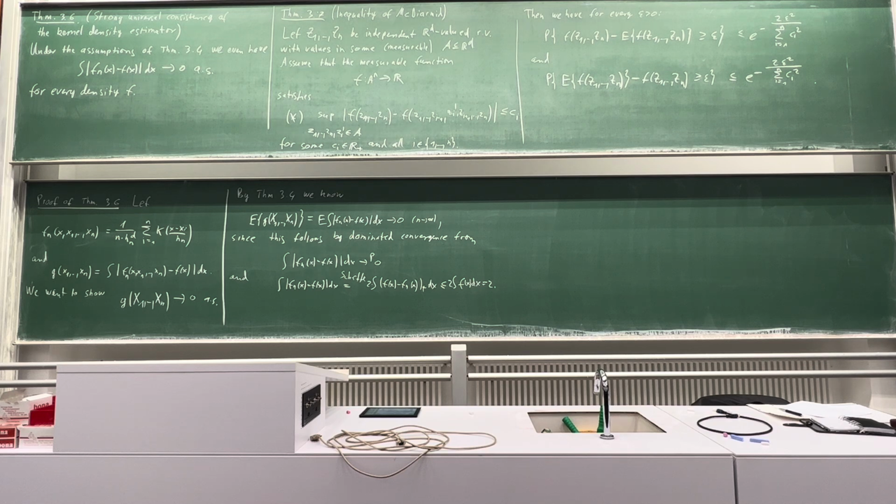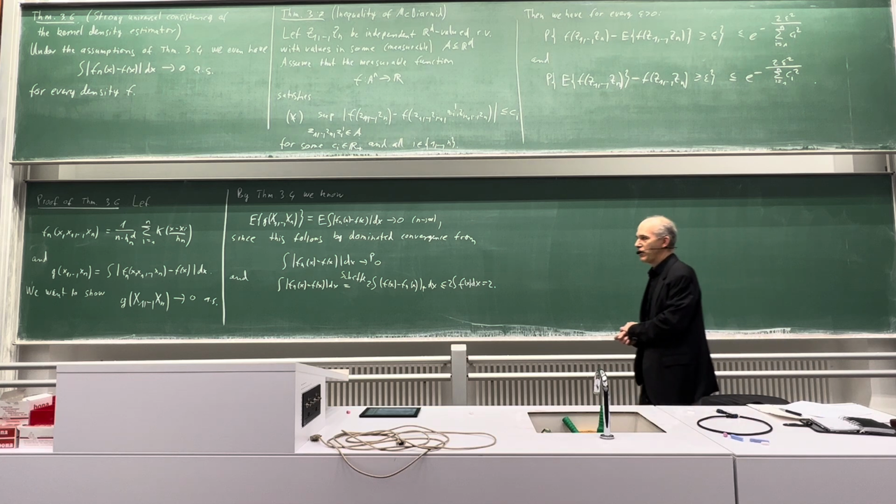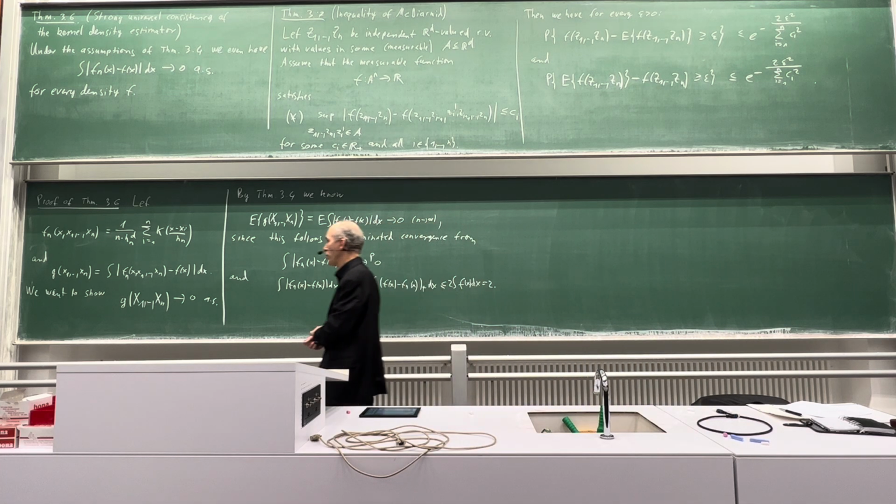And because of this, it suffices to show that g of x1 to xn minus its expectation goes to 0.